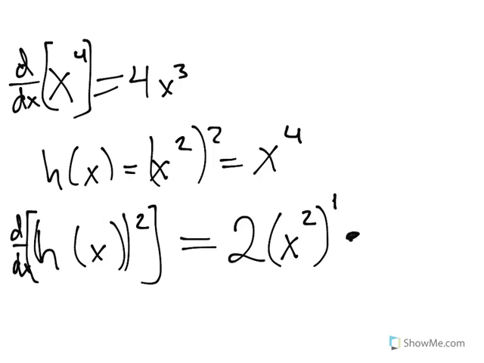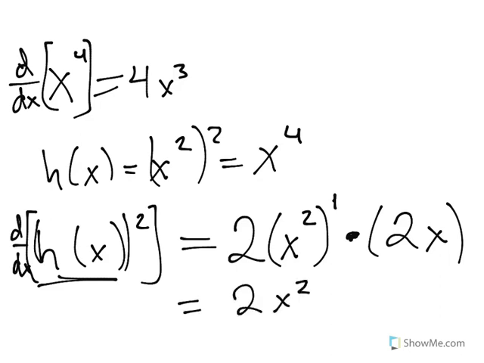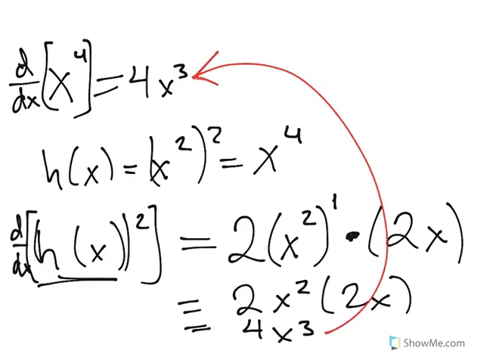But now we multiply it times the derivative of h of x, and we know that the derivative of h of x is 2x, right? So now we have 2 times x squared times 2x, and this is just equal to 4x cubed, which is exactly the same thing that we got with the rule that we knew already.